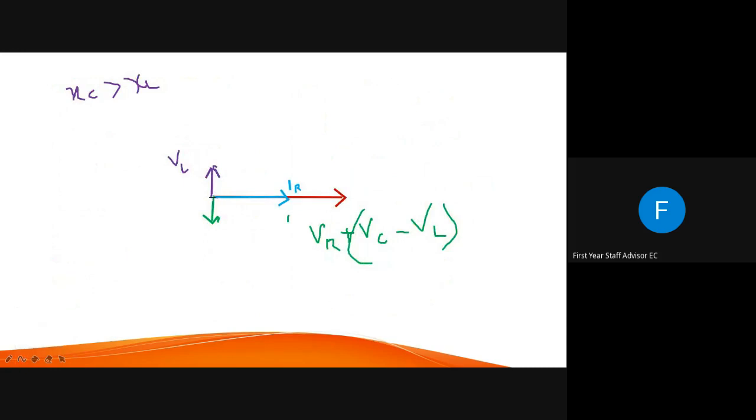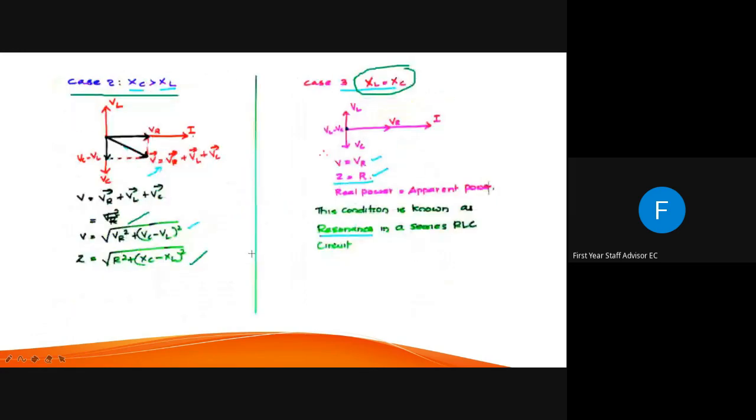So only this one is there, okay? Only this VR and IR is there. So I can say that there is no reactive effect, only resistive effect is there. So V equal to, I can directly write, VL and VC cancel each other. So V is equal to VR, V is equal to IR, Z is equal to R, resistance.